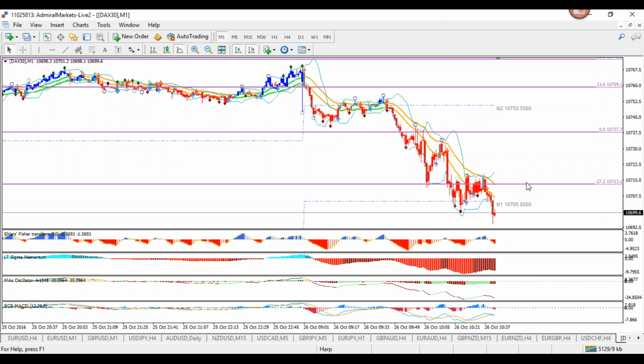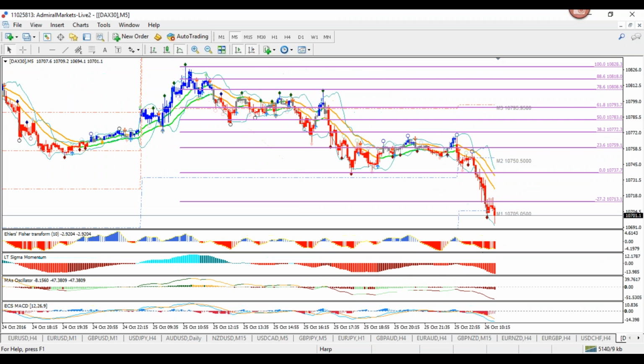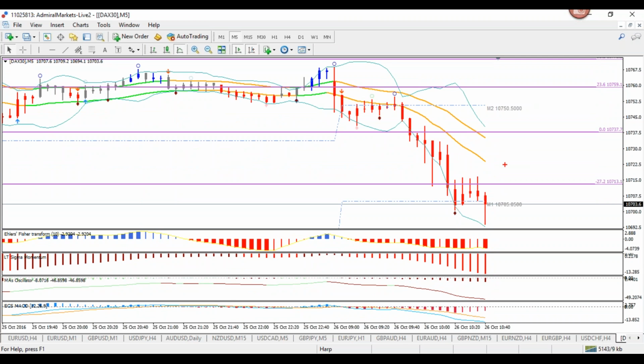Now we want to be careful. This could be just 1-minute continuations, although it worked out fine here and here and here and here. At one point, you're going to get a 5-minute retracement. If you get a 5-minute retracement, price will get up all the way here. On a 1-minute chart, what could happen is this. This particular short on a 1-minute chart would actually be shorting a larger correction.